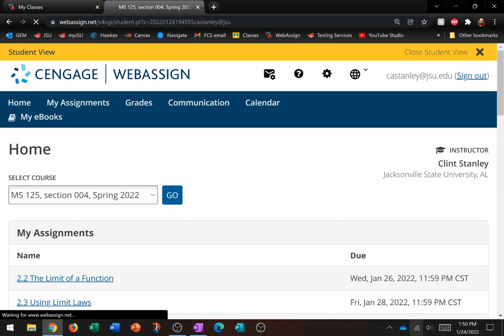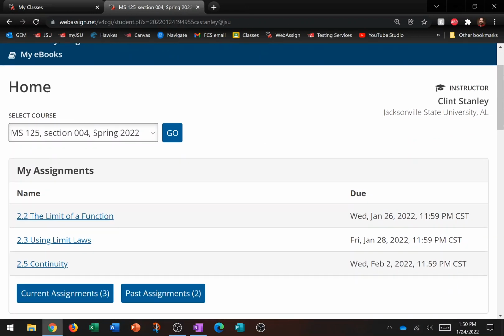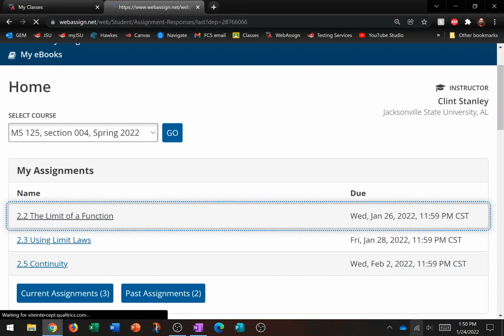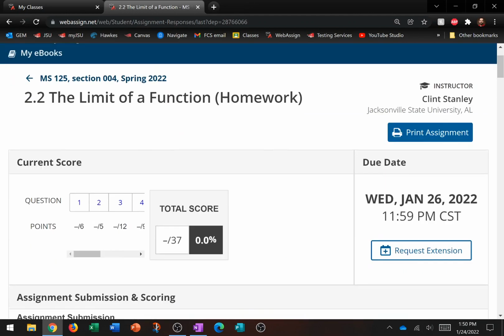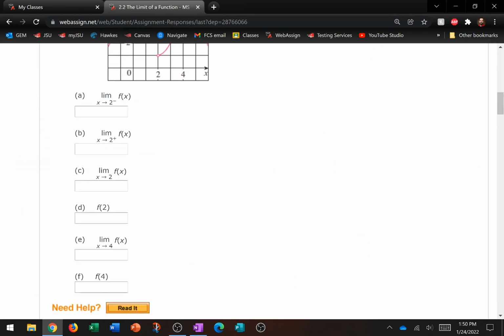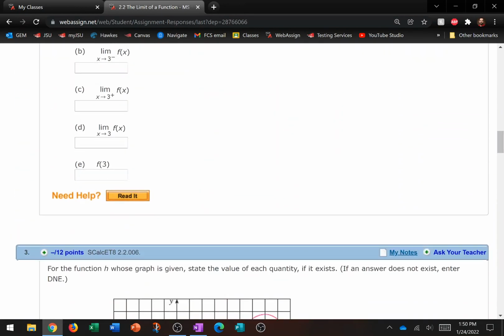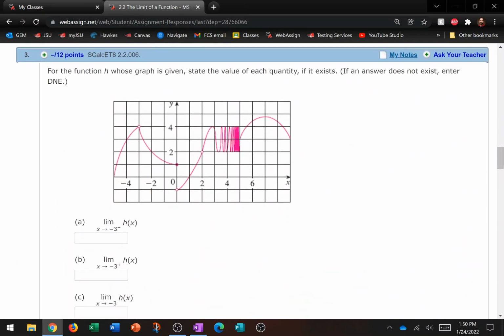Working the problems is how you really learn this stuff. The lecture just gets you ready to do the problem. So, which one was it on? Was it on 2.2 or 2.1? One, okay. Number 3. Mine may be a little different than yours.